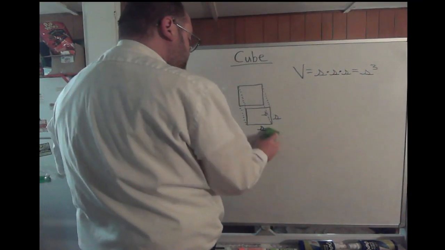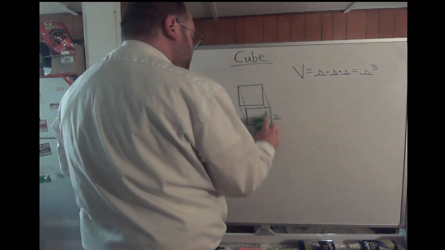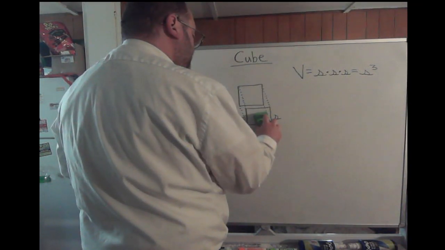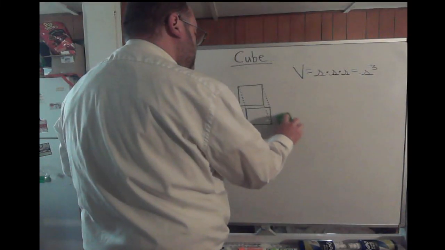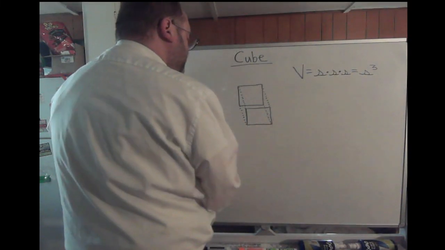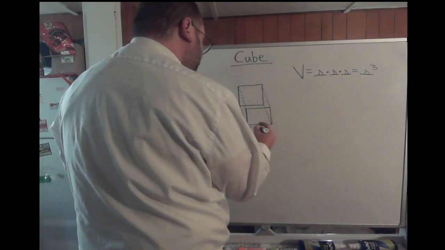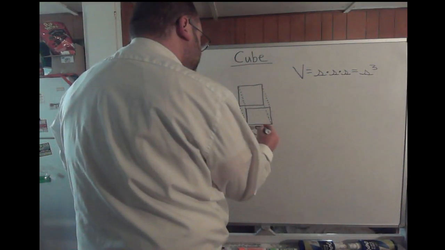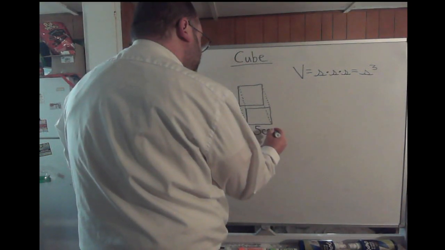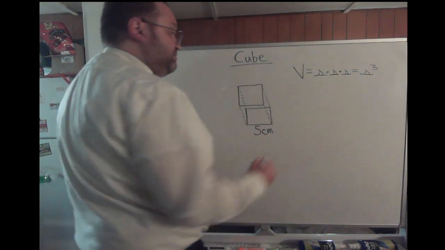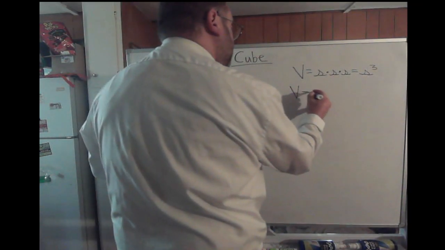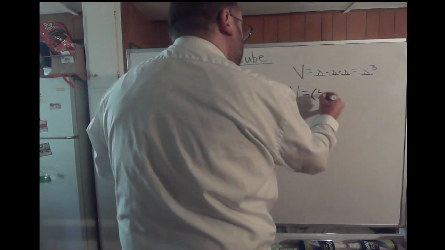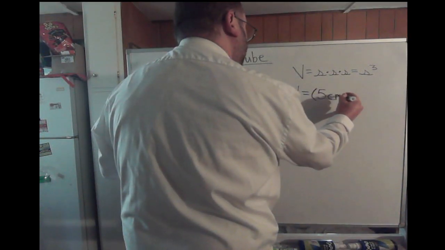So let's do some practical examples here. Let's say our cube has a side of 5 centimeters. We want to find the volume of that cube. We'll just take that side of 5 centimeters to the third power.